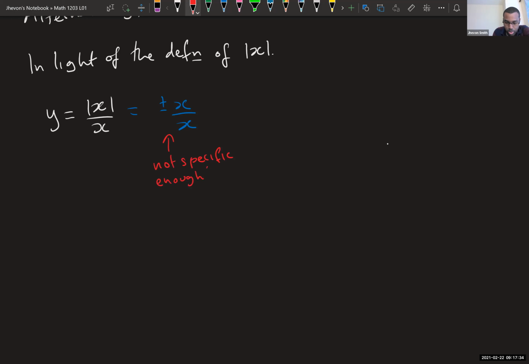Specificity is actually super important in mathematics, right? Especially when it comes to definitions. So don't just say something's plus or minus. The absolute value applies the plus and minus in a very specific way. So what you should realize is, it's a plus specifically in this scenario, and it's a minus specifically in this scenario, right?